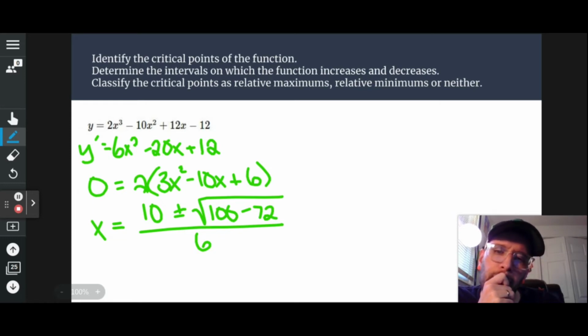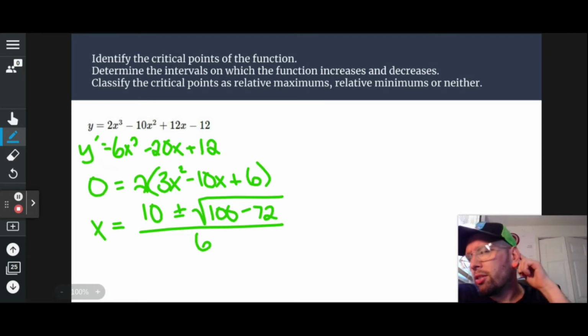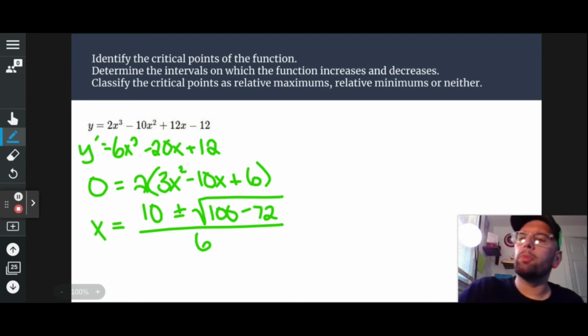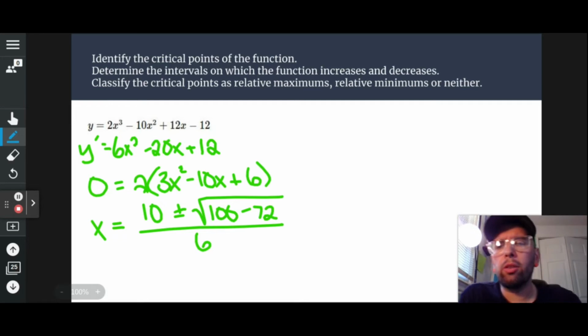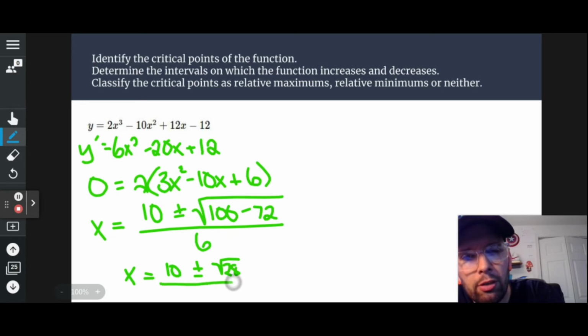Making sure 4 times a times c is 4 times 3 times 6. Yeah, it was 72. All right, so this becomes the square root of 28 over 6.